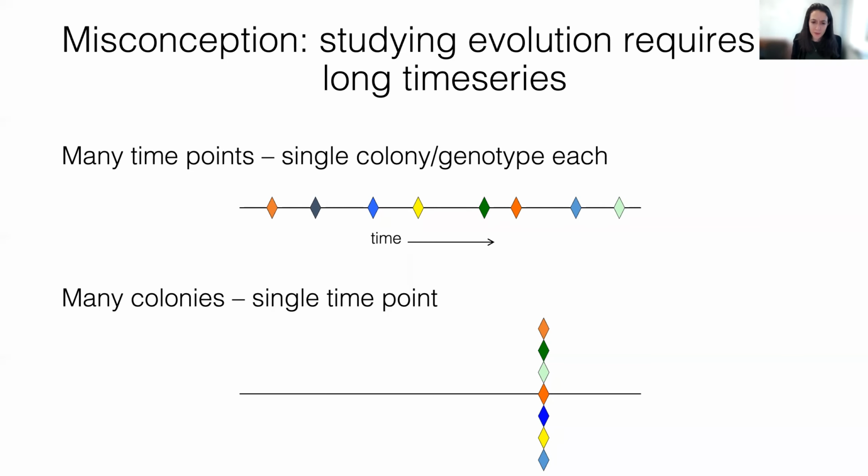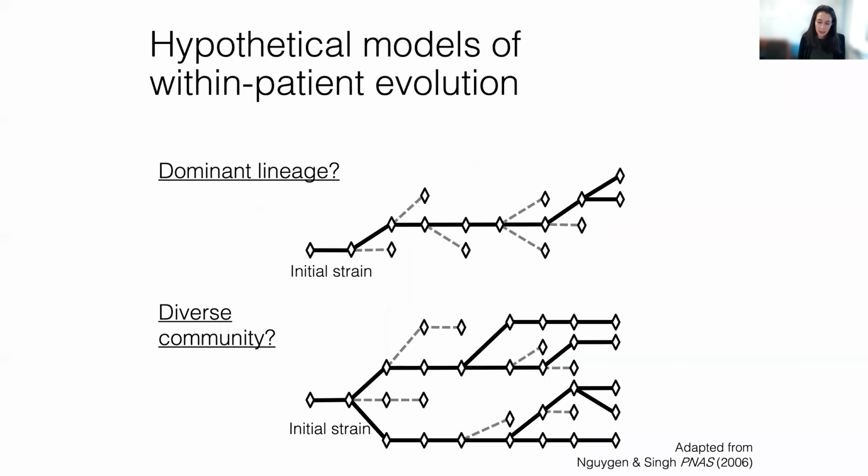And I didn't appreciate this at the time because I didn't appreciate how much diversity really coexists within an infection or colonization. Right? We could imagine a scenario where there's always some most fit bacteria, and that most fit bacteria replaces all of its ancestors and its cousins and competitors.